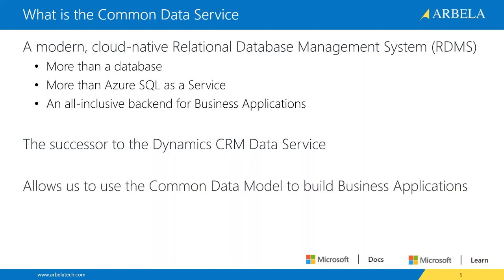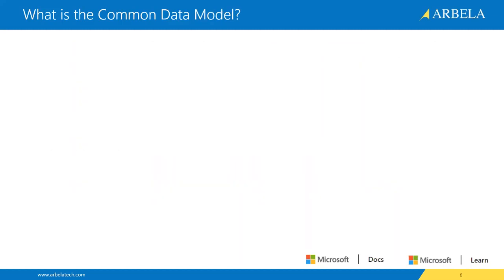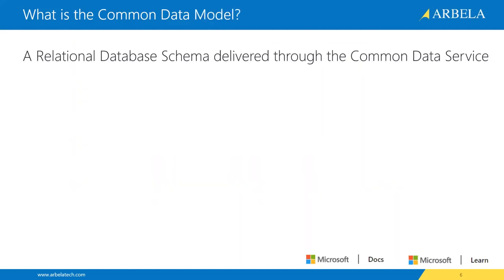So the Common Data Service allows us to use the Common Data Model to build business applications in a very user-friendly way. And I don't want to go too deep into the Common Data Model here, but just to differentiate it from the Common Data Service, the Common Data Model is the relational database schema delivered through the Common Data Service. It is the core piece of the Common Data Service.